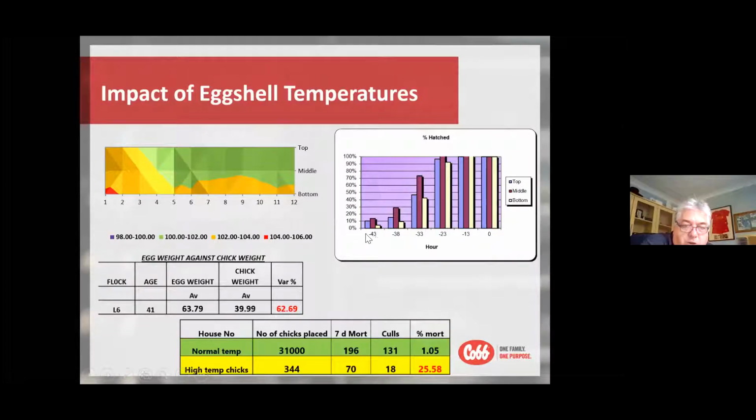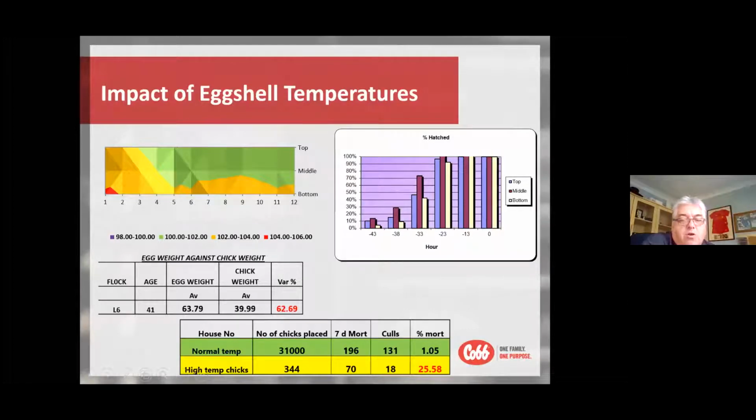These chicks from here, you can see at 43 hours before takeoff, already 10% was hatched. The chick yield from the top trays was around normal, about 67%, but from this area was very low, below 63%. When we took the chicks and placed them on the farms, there were 31,000 chicks from the top trays, and 7-day mortality was 1.05%.